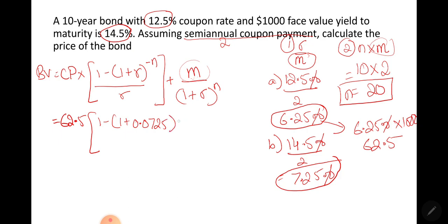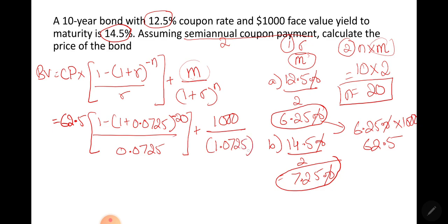Power will be 20, sorry. So now the bond price is coming 896.087. This is the bond price with semi-annual coupon payments.